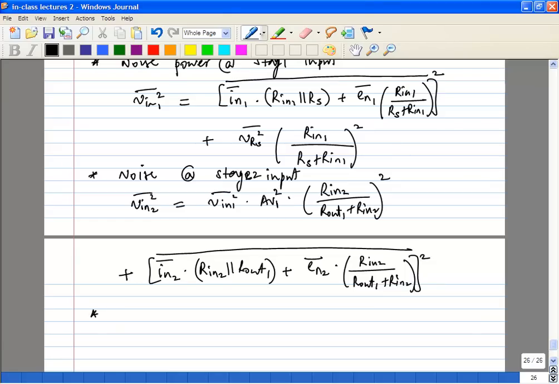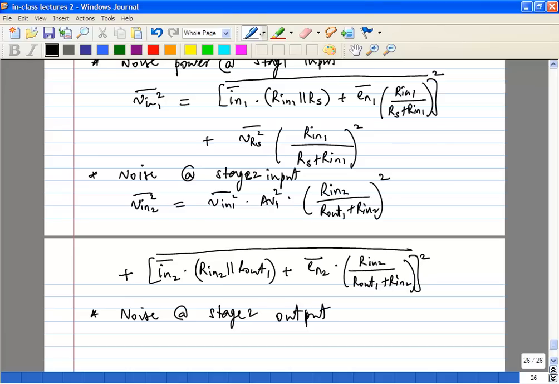Now you can calculate the noise power at the stage 2 output. The reason we are doing all this is, remember the definition of noise figure: it is the overall noise power due to all sources in your system over the output noise power due to the source alone.